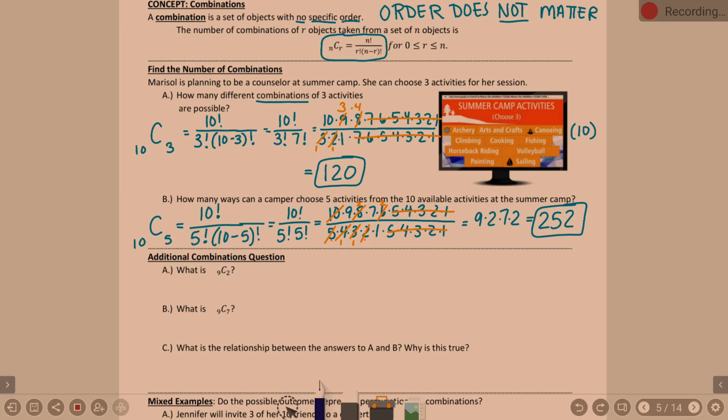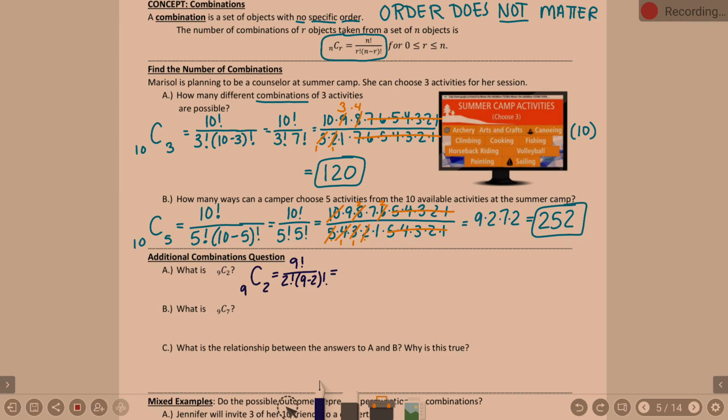So, what does 9C2 mean to you guys? 9 factorial over 2 factorial times 9 minus 2 factorial. Okay, n factorial over r factorial times n minus r factorial.